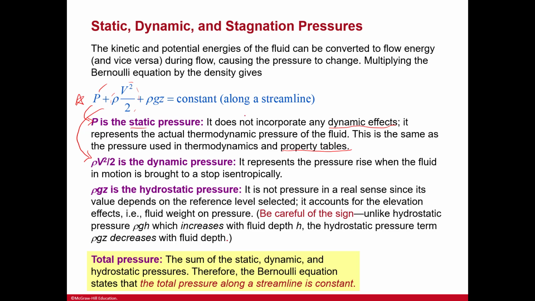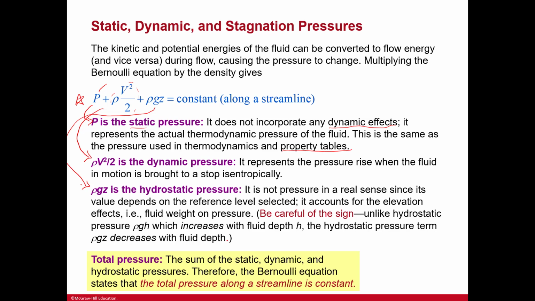Okay, and then this last part here, rho g z, is the hydrostatic pressure. And it is not pressure in a real sense, like you would equate a real pressure to, since its value depends on the reference level selected. So it's more like the pressure within the system that you're looking at, right?